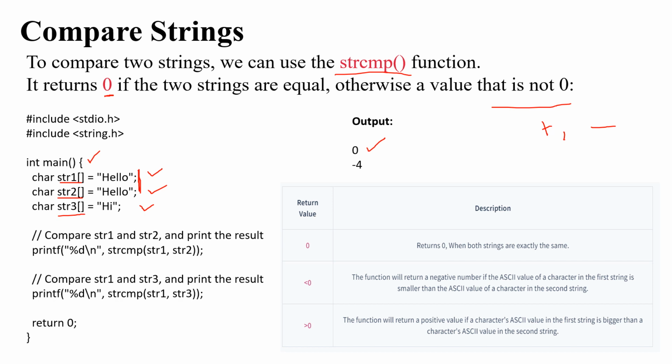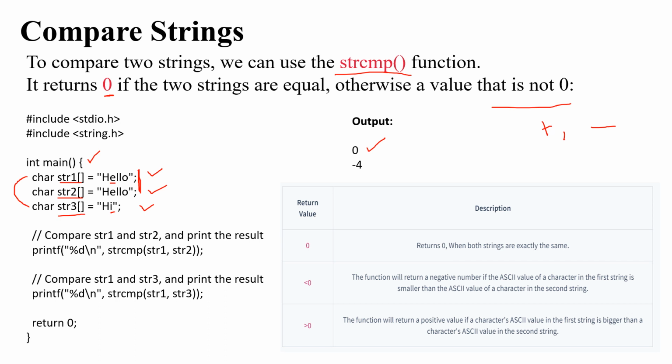In the second part, we are comparing string 1 and string 3, which contain hello and hi respectively. Okay, the first character is same, H. In both the strings, the first character is same. Look at the second character. In the string 1, e is the second character, whereas in string 3, i is the second character.